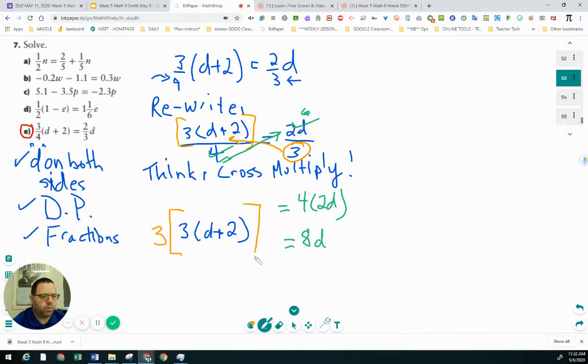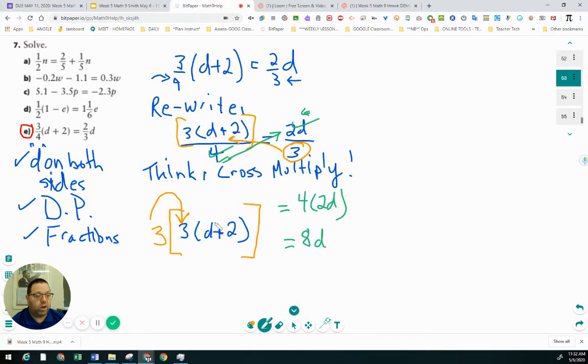The way to think of this is whatever this works out to be inside, you're getting the triple of it. When you do the distributive property, it bounces to the first number. These brackets protect the D plus 2 from the outside 3.